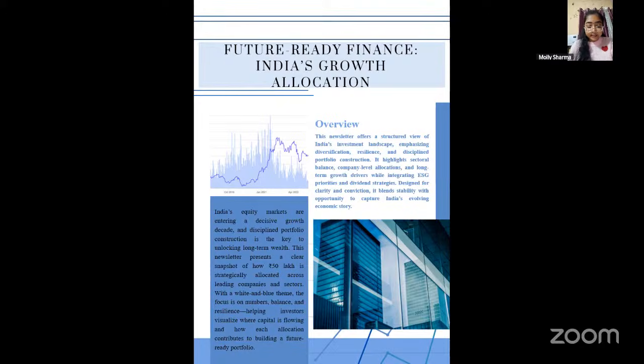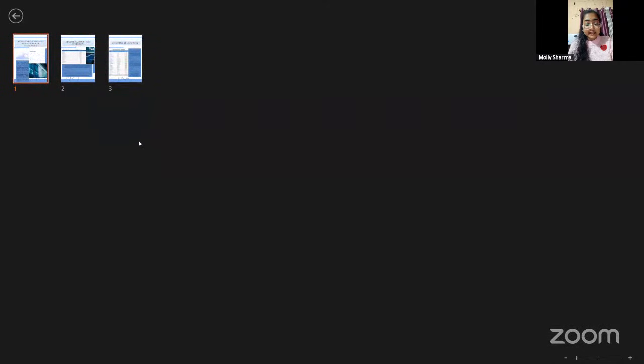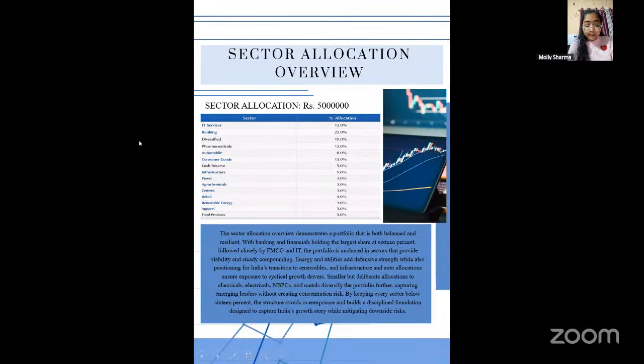Talking about sectoral allocation, it's an approximate percentage that I'm going to share with you all about how much we have allocated to different sectors. Starting with IT, we've allocated 12%. Moving ahead with banking and financial, 16%. FMCG and consumer, 15%. Retail consumer services, 4%.